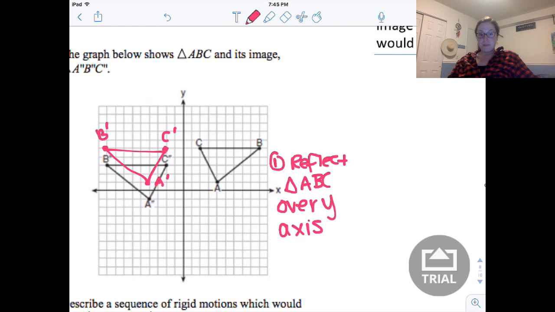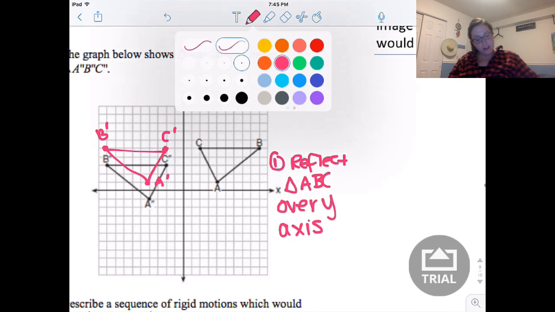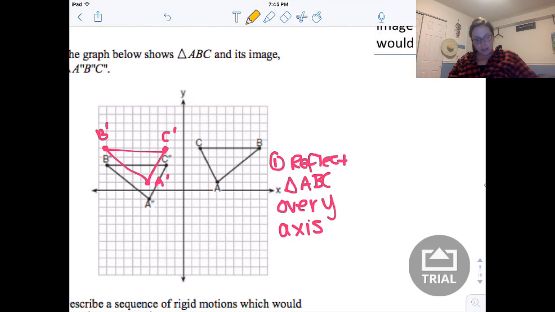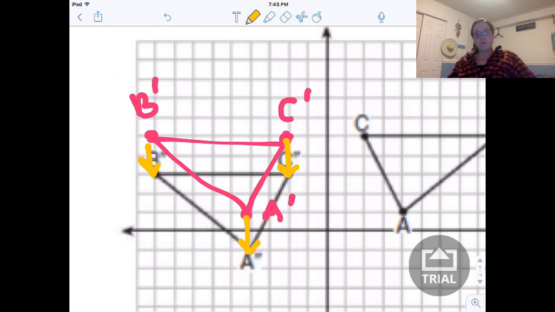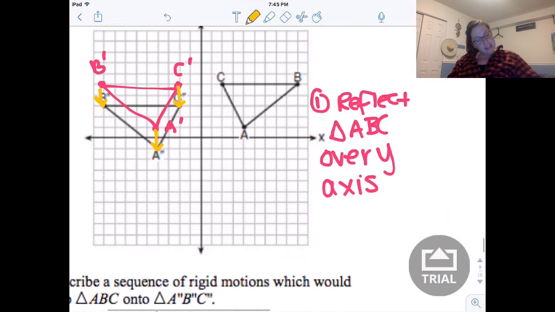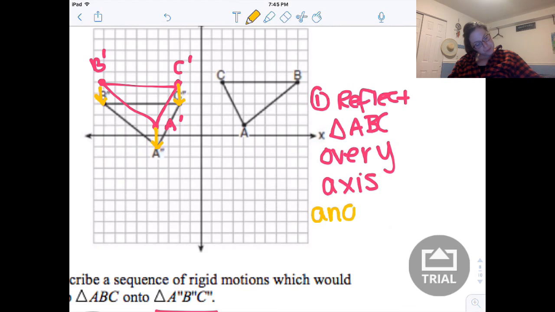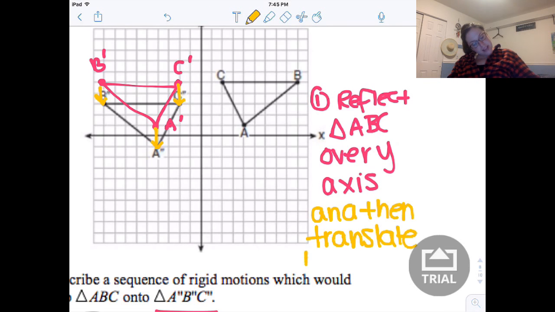Now we need to actually do the second part, which would be to translate it. So I look at this and I see, all right, how did this translate? It went down 2, and I'm looking at corresponding points, right? Each of these corresponding points went down 2. So then I would say, and then translate down 2. And I know here that I'm going to have C prime map to C double prime, right?